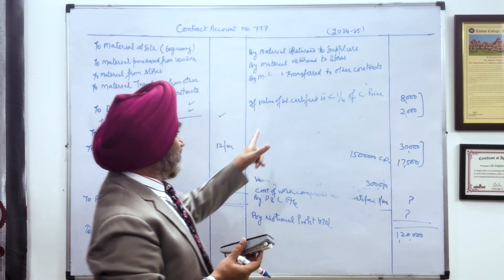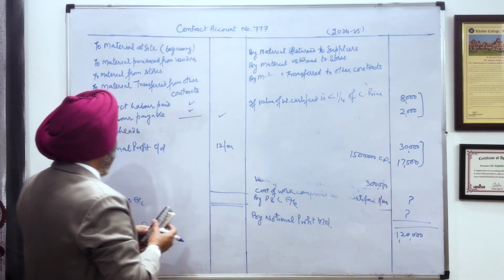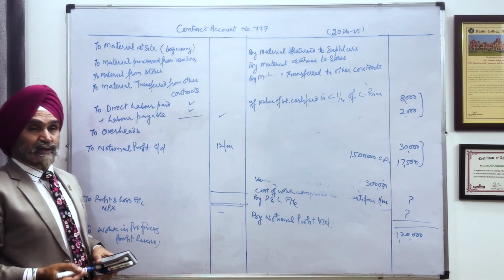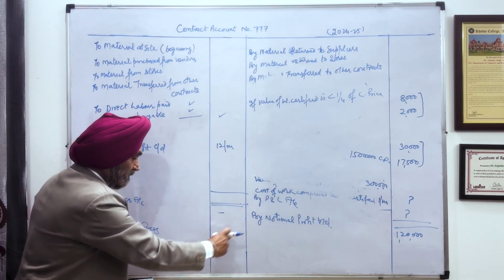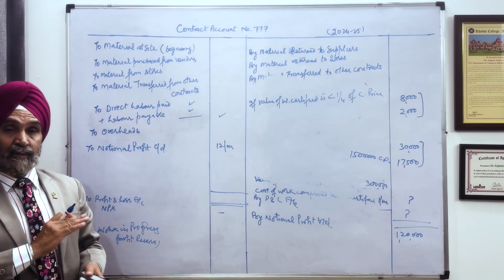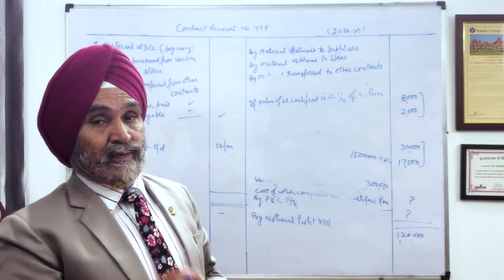If it is less than 1/4 of the contract price, then nothing is carried on to profit and loss account. The whole of the profit is reserved. The whole of the amount 1,20,000 will be kept as a reserve.